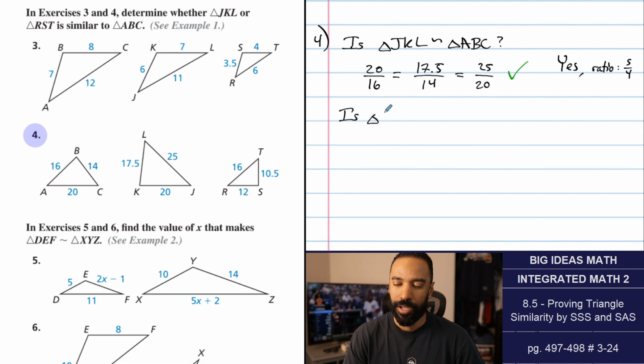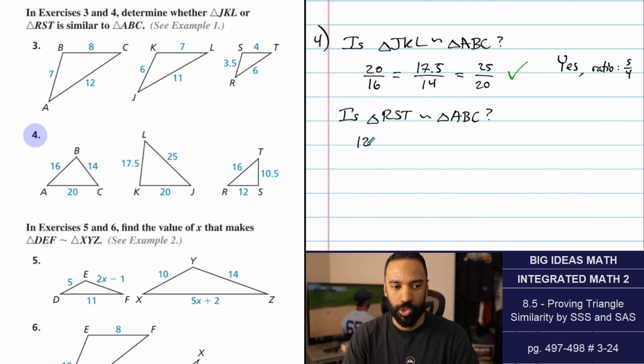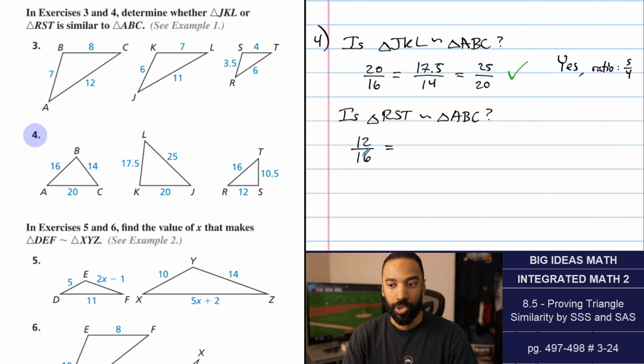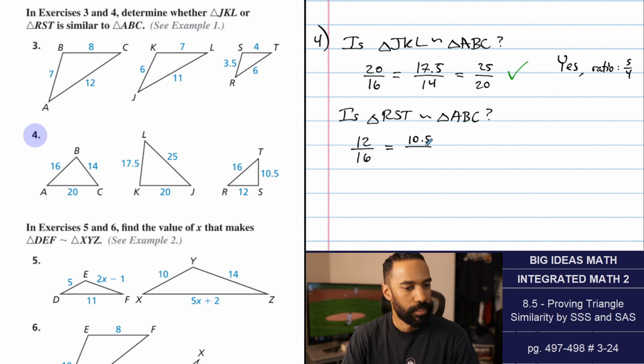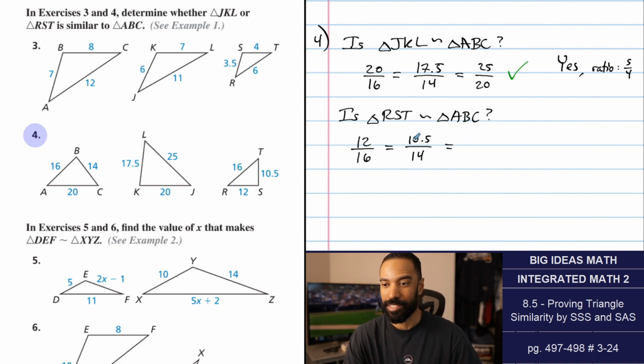Is triangle RST similar to triangle ABC? Let's try RS with AB. RS is the middle one, as it should be. So 12 over 16. That's 3/4. Let's try ST, 10.5, with BC, 14. I don't know yet. 3/4, I think so.